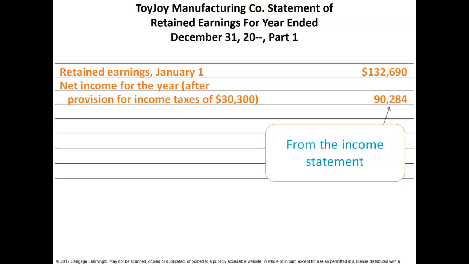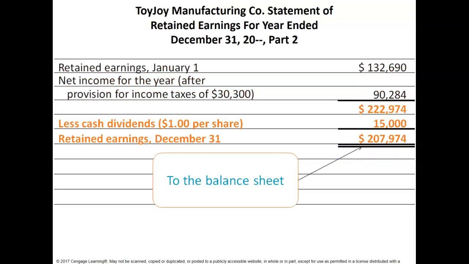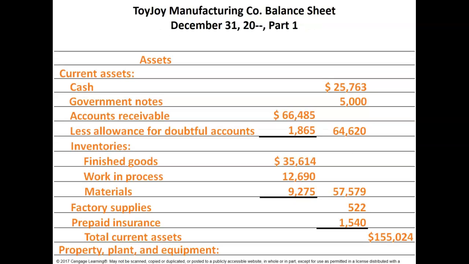And so now we move to the statement of retained earnings, and you'll see, of course, that there's our net income from the income statement and our dividends, our retained earnings as of the end of the accounting period, which will then move to the balance sheet.